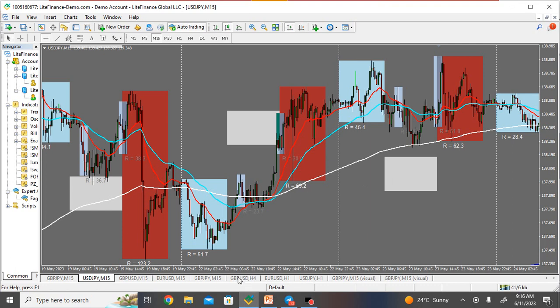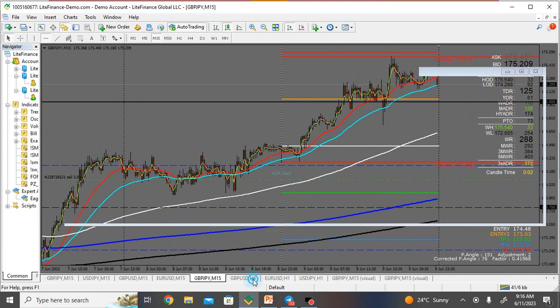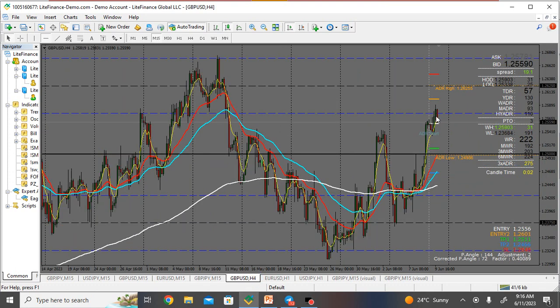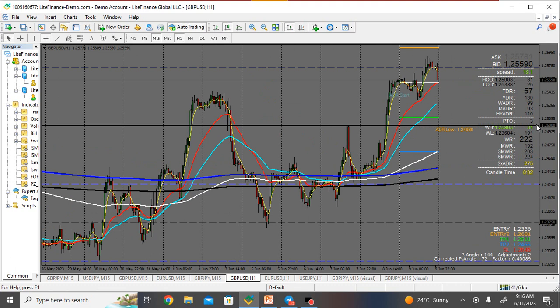Then there is this one that you're supposed to know, which shows the amount of pips movement per day.